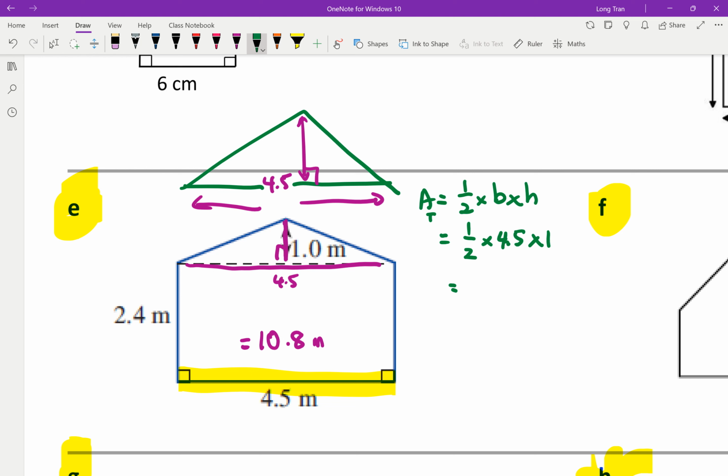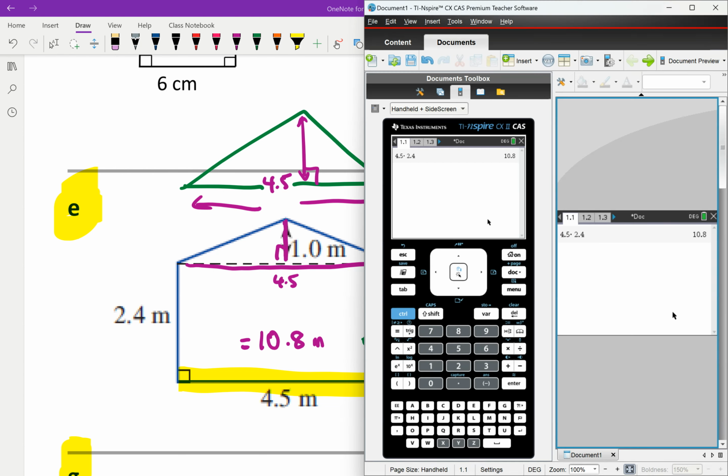You already found the area of the rectangle here. So together, the area of the rectangle, which was 10.8 square meters, you need to figure out the area of the triangle on your calculator. So what's the area of a triangle? Let's go back to our calculator. It was half. So type in half.